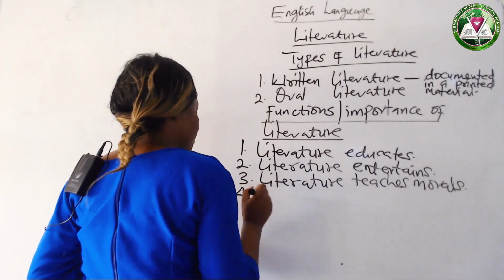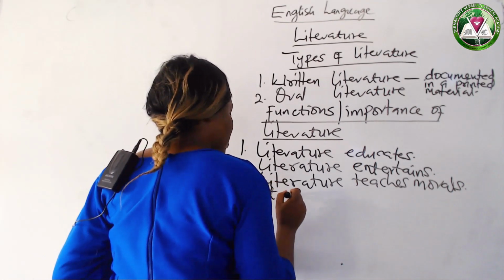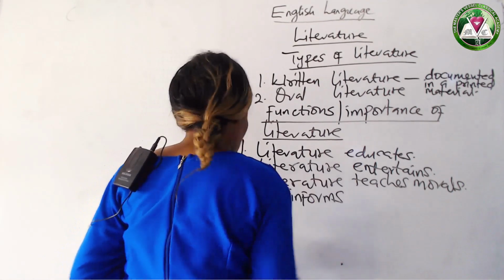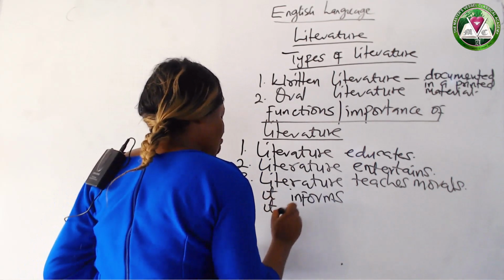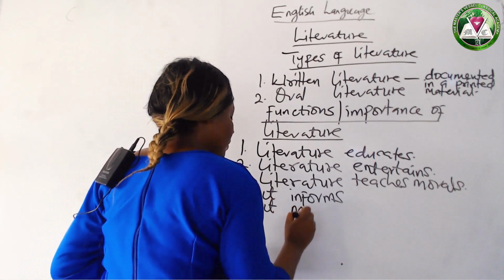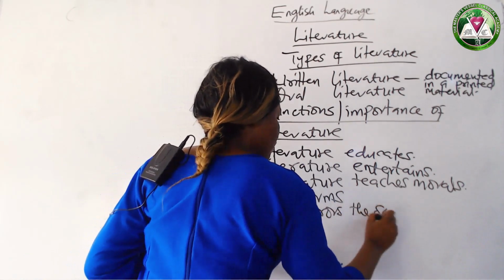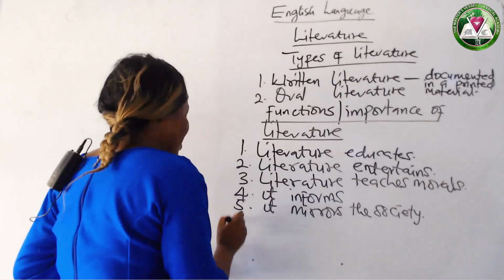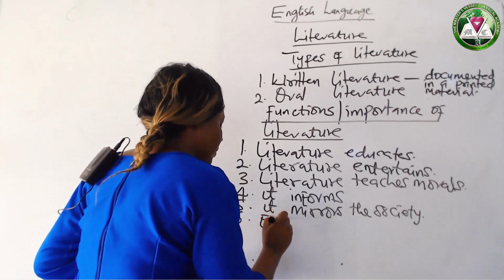Number three, literature teaches morals. Number four, it informs. Number five, it mirrors the society. Number six, it exposes us to the realities of life.